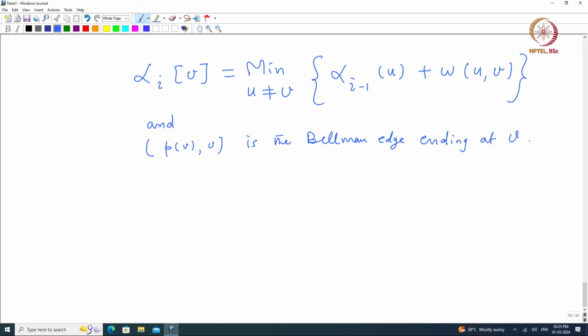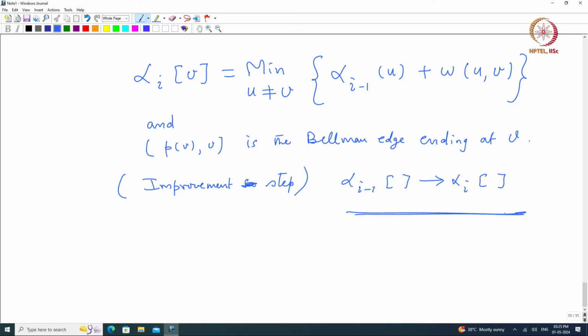So, this is called the improvement step. It improves the alpha i minus 1 vector, or array of values, to the alpha i array of values.